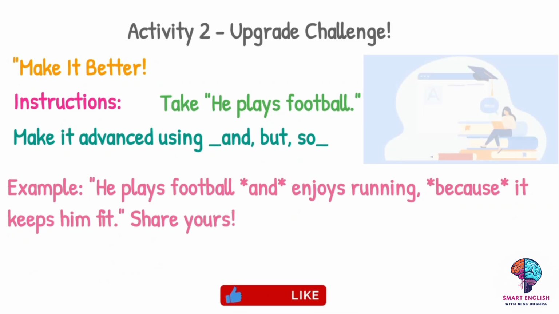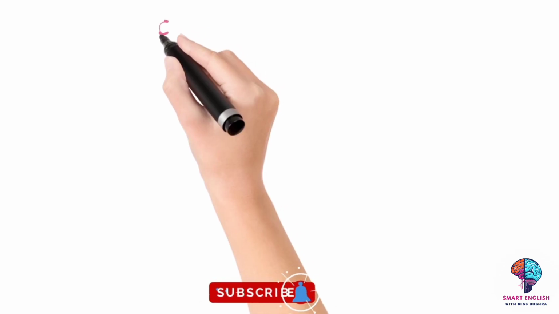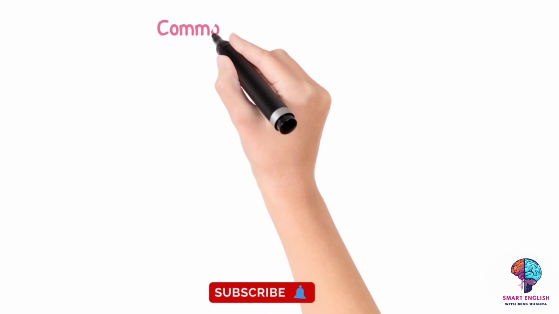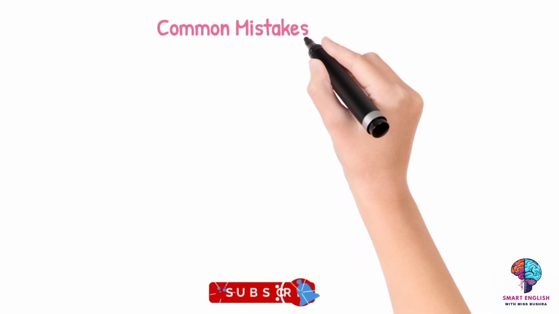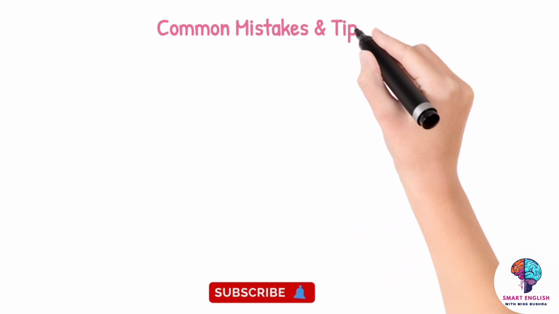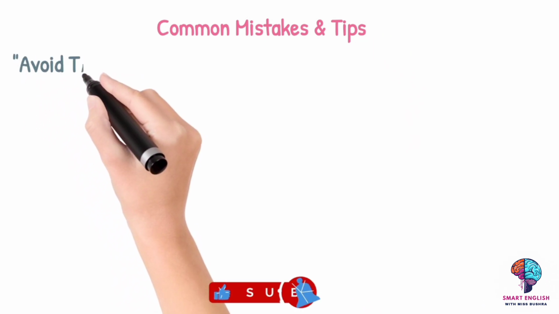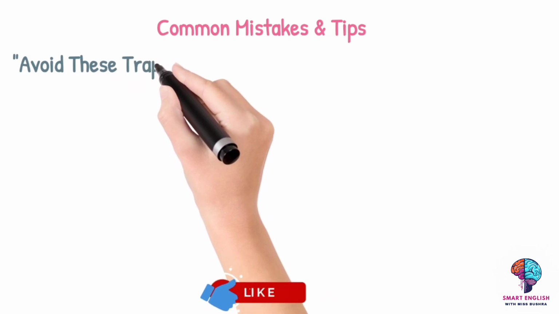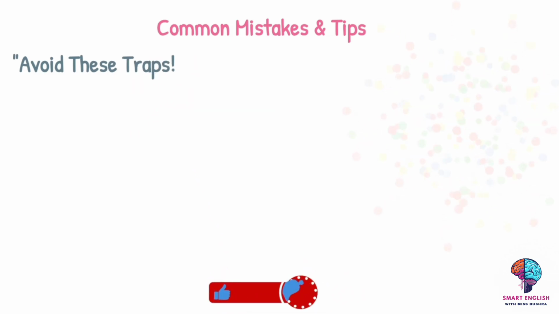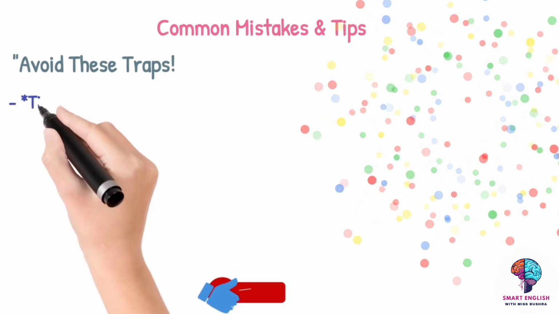Make it advanced using conjunctions. So these are the examples; you have to use them in your sentences. These are the activities that I have designed. If you are teaching English in any primary level schooling system or anywhere else, providing knowledge to your students, you can use these activities and have a command on them.